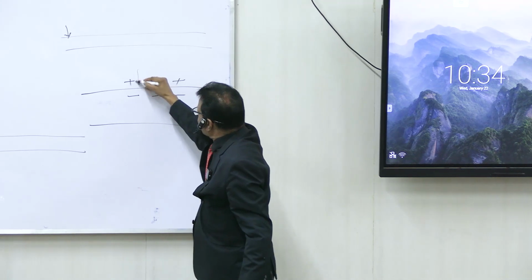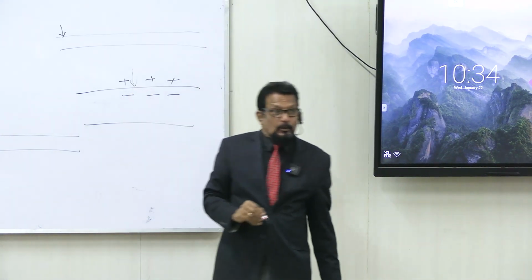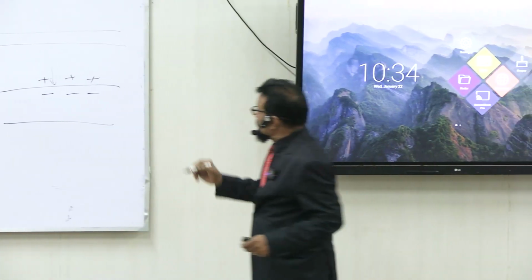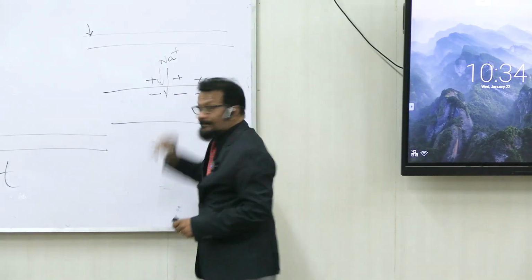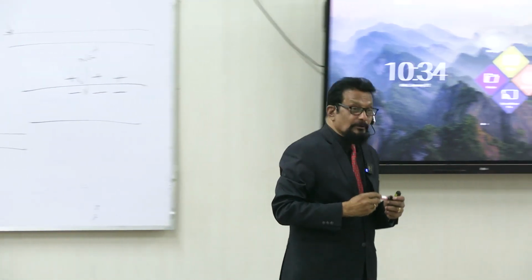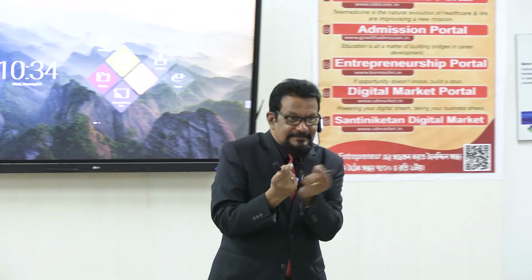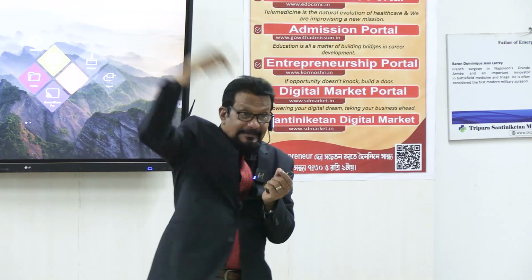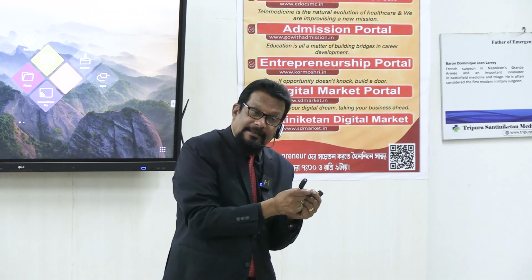If I stimulate this area, the sodium channels will be opened up and sodium ions will enter the cell. What will happen to the charge? This positive charge will neutralize some negative charge. If some more sodium ions enter, again more negative charge is neutralized.